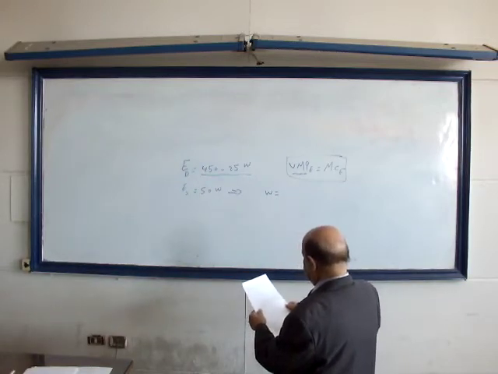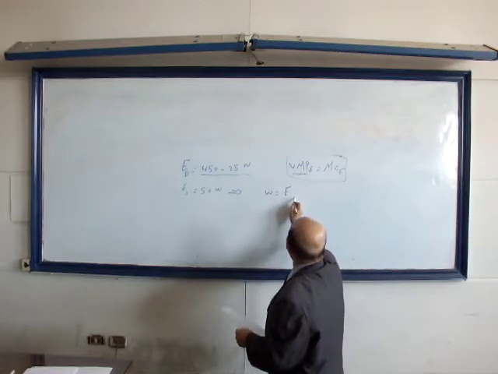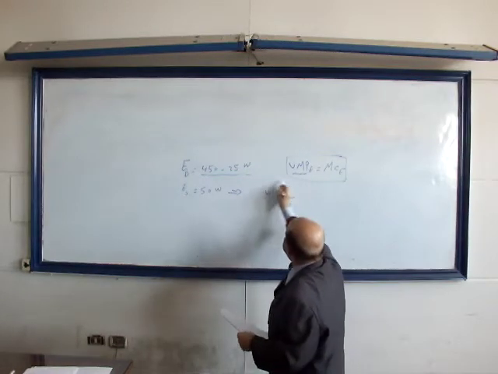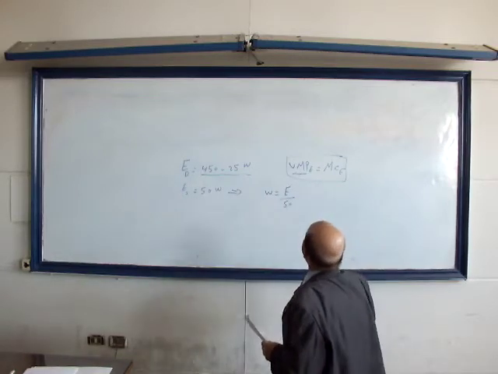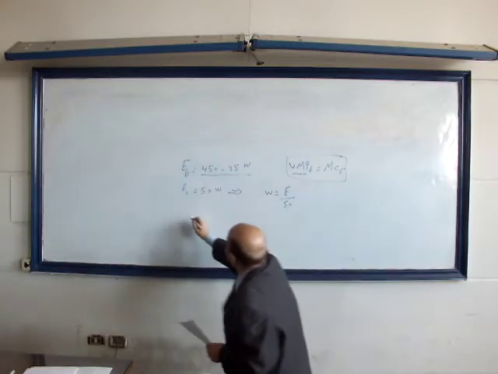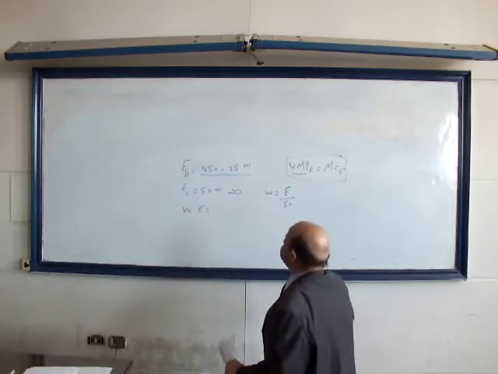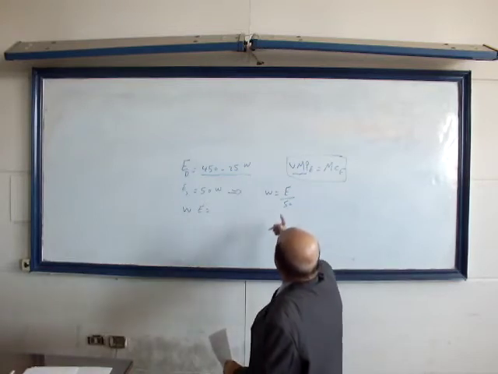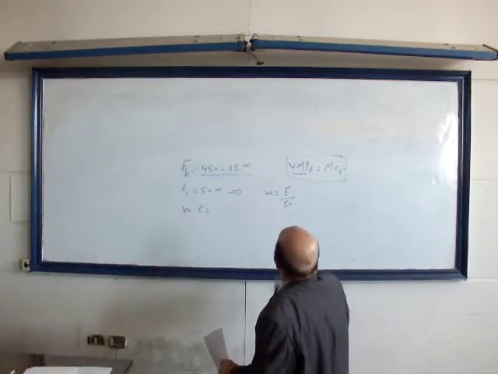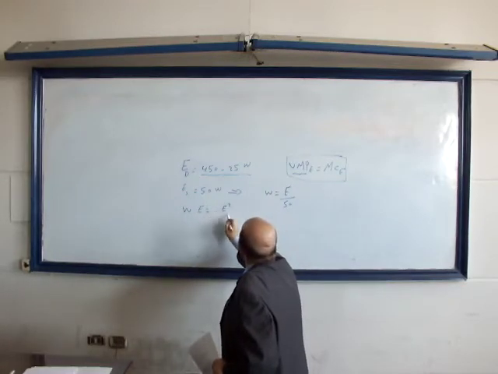You have to write this down first. This is your supply. Then you multiply W by E. This will give you the total wage paid by the monopsony. If you multiply W by E, you get E squared over 50.